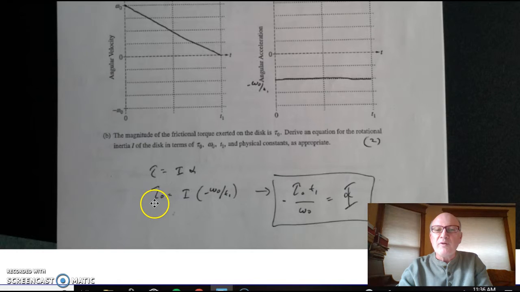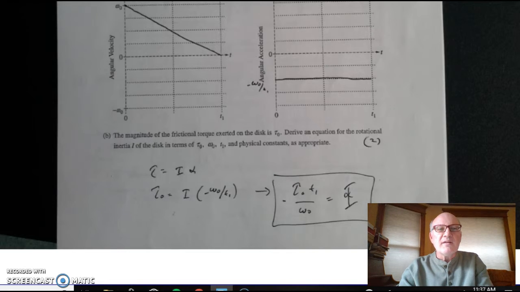So I've got tau 0, omega 0, and t1 in there, and all I need to do is solve for I. So a little bit of manipulation around here, and you'll get tau 0 times t1 over omega 0 with a minus sign in front is equal to the inertia I. There we go. We're all set. I gave credit for answers that left off the minus sign, so you might have benefited from that.